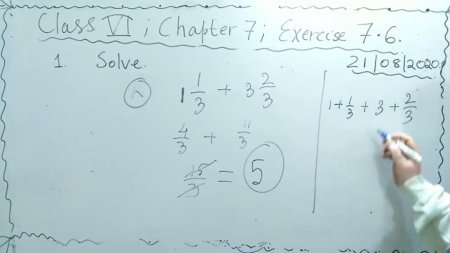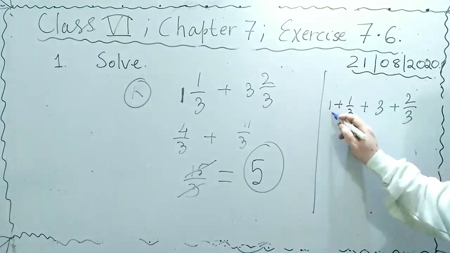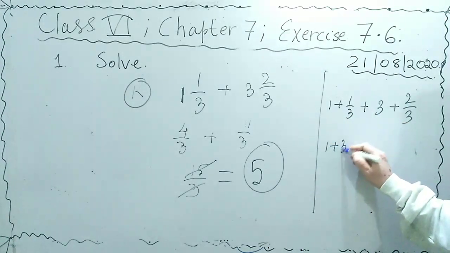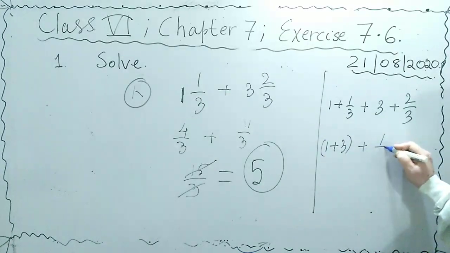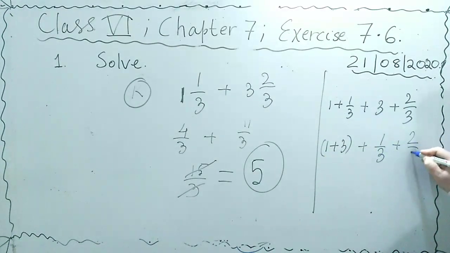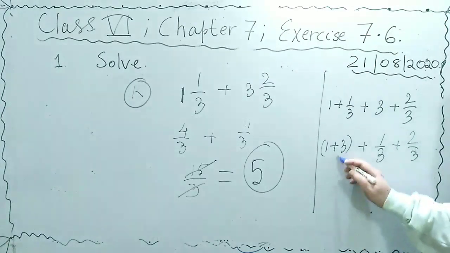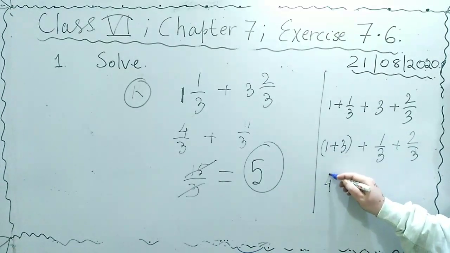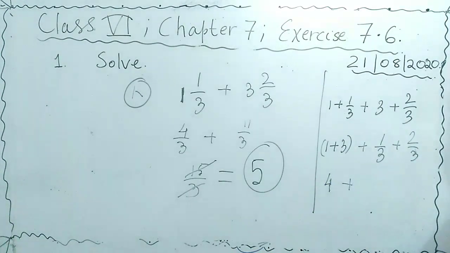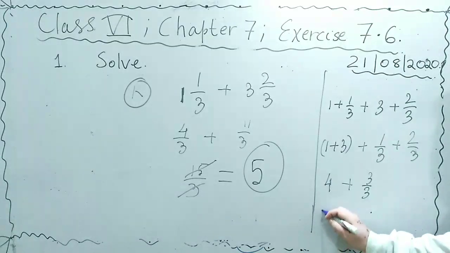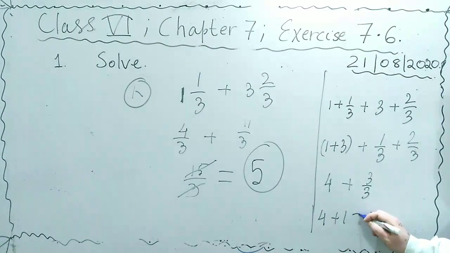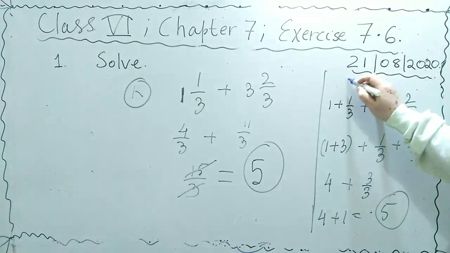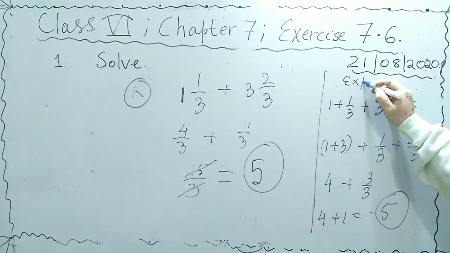So if you keep these integers together, 1 and 3 together, and if you keep the fractions together, very clearly you will see this becomes 4 and this becomes 3 by 3, which is equal to 1. So 4 plus 1 equal to 5. So this was the explanation in breakup.